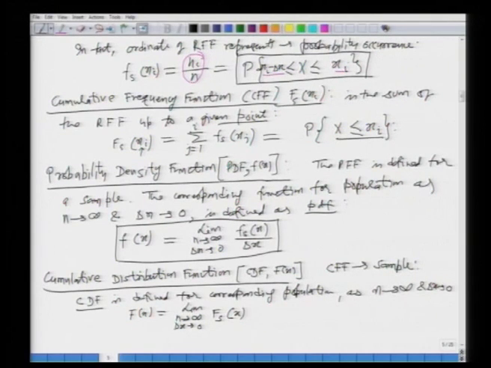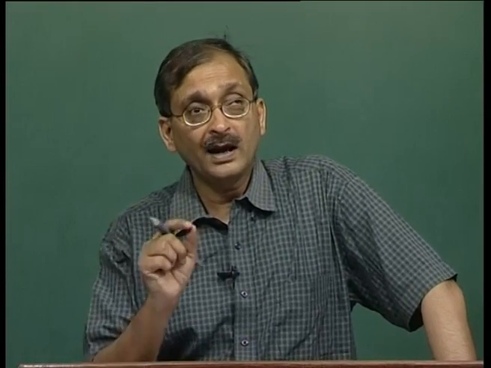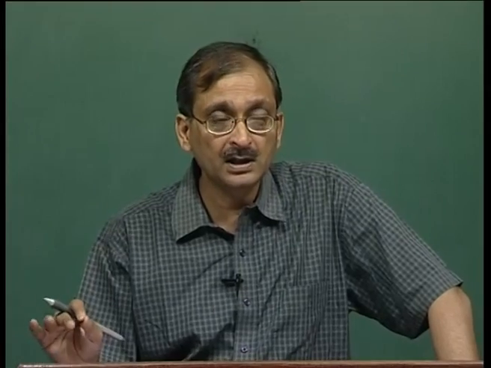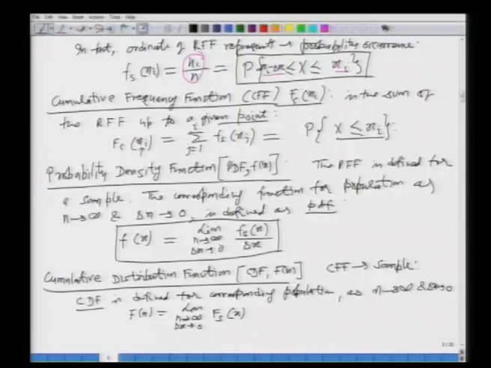So, we have seen that there are two functions, one is the PDF, other is the CDF. It should be very clear that one is the cumulative of the other. So, if you have the PDF with you, you can always find the CDF by integrating that. On the other hand, if you have the CDF, the cumulative function, you can differentiate that to get the PDF.